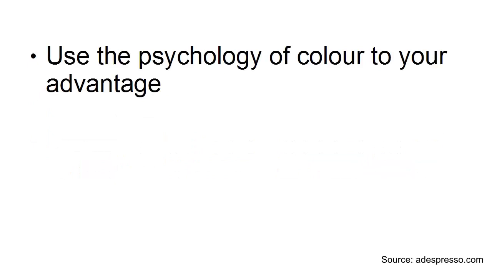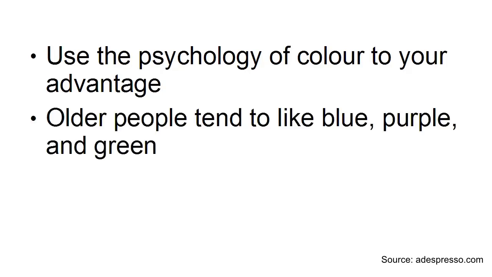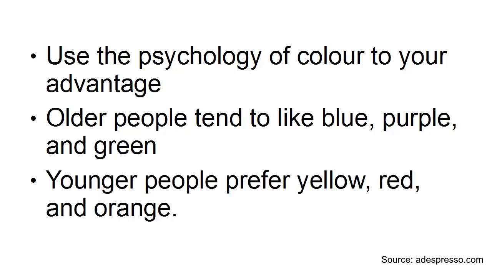You can also use the psychology of color to your advantage. And this is something that works on a subtle, subconscious level. Studies have proven that older people tend to like blue, purple and green, whereas younger people prefer yellow, red and orange. So you can build this sort of thing into your advertisement.